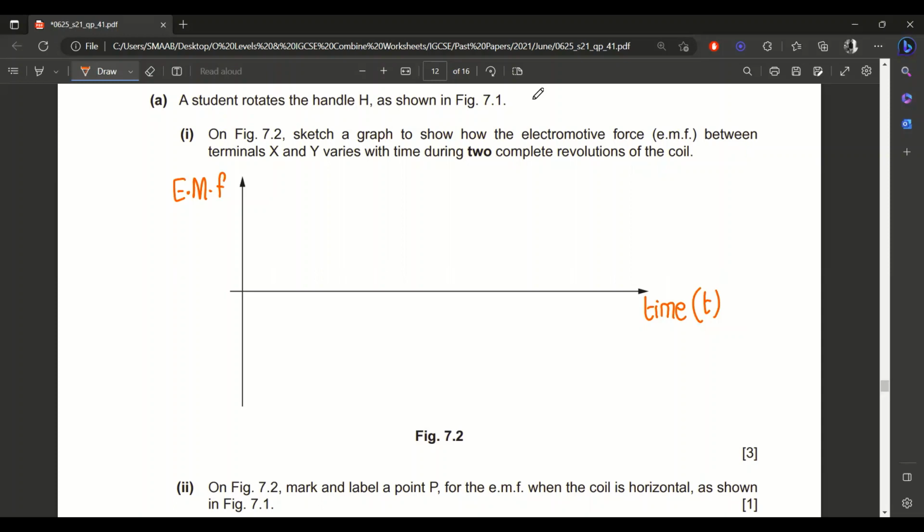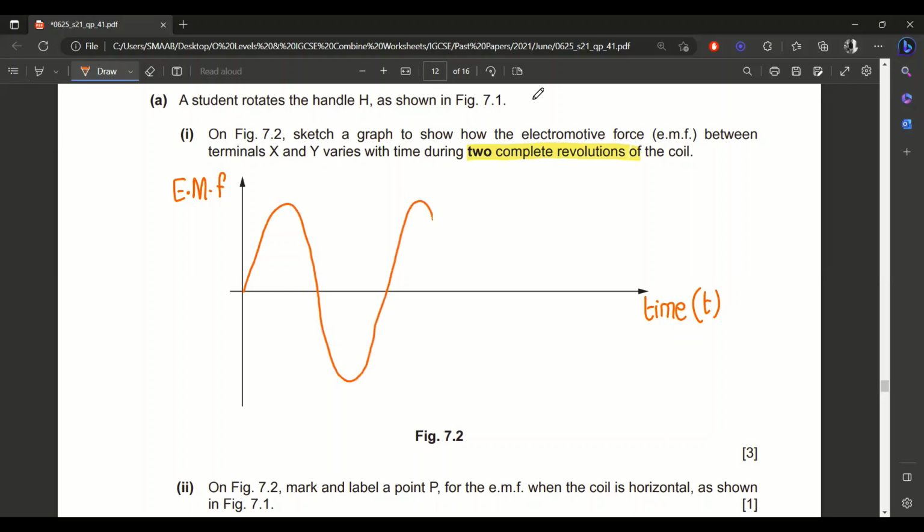Okay, so now there are two complete rotations. So you know the concept of the rotation or the wave or the oscillation. When we are talking about the wave, rotation, oscillation, two complete rotations mean there are two crests and two troughs, right? So if you consider the concept of wave, it starts from zero and the value of AC will be like this, crest.